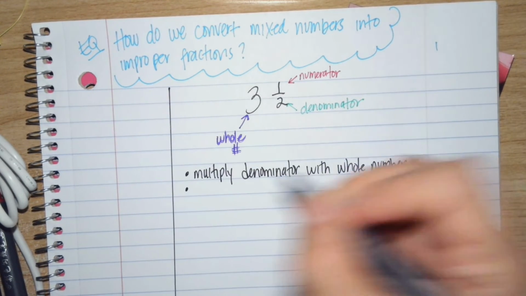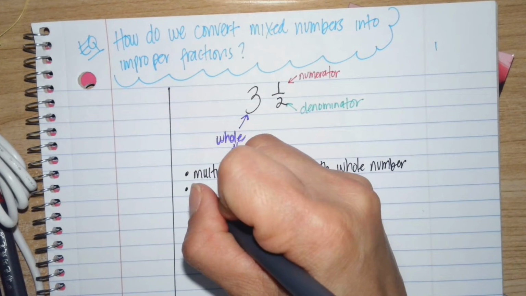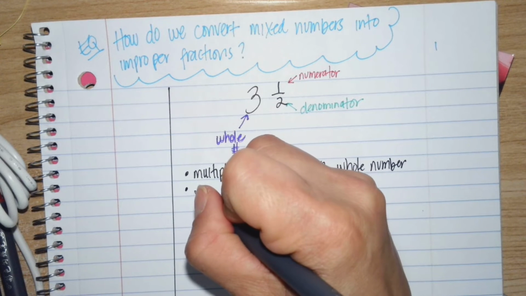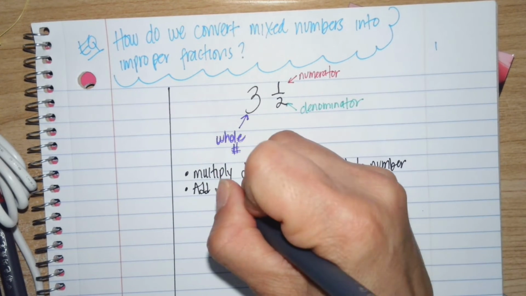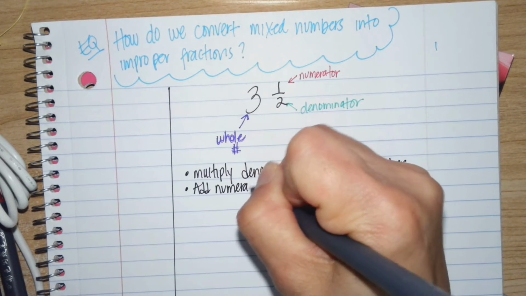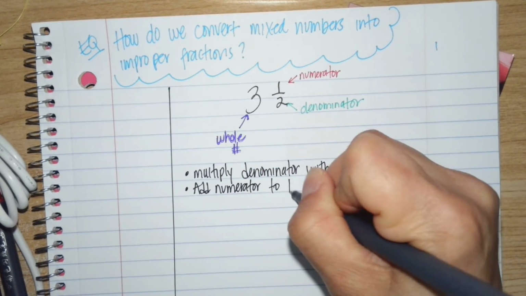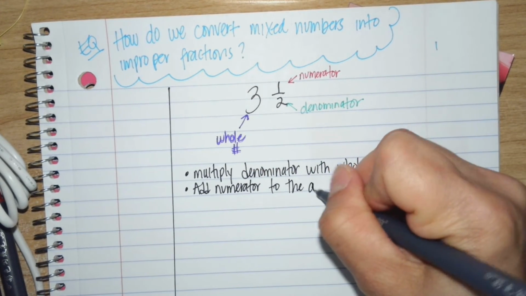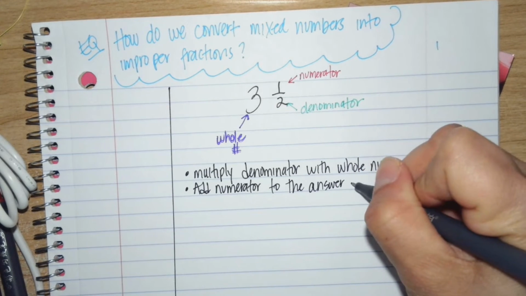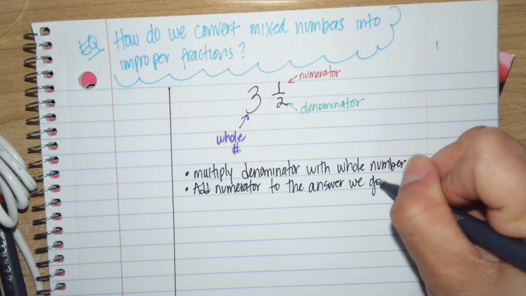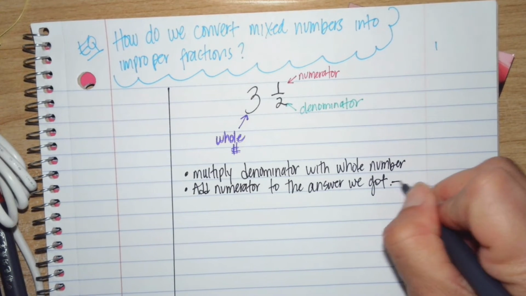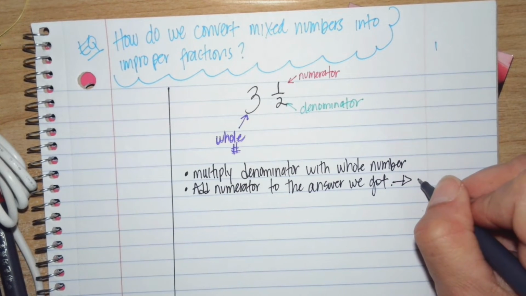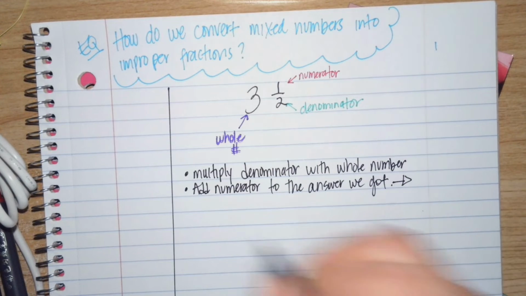The answer we get, then we're going to add the numerator to the answer we got. This becomes your new numerator.